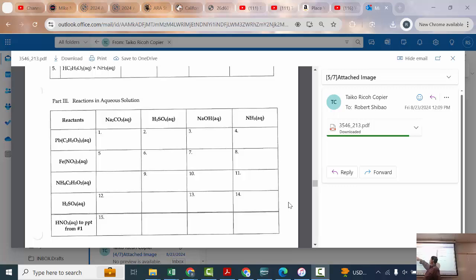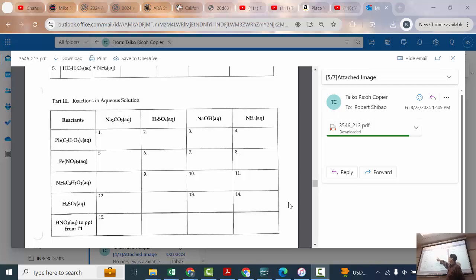How about lead 2 acetate with sulfuric acid? What would we form here? Yeah, lead 2 sulfate, good. And? Acetic acid.